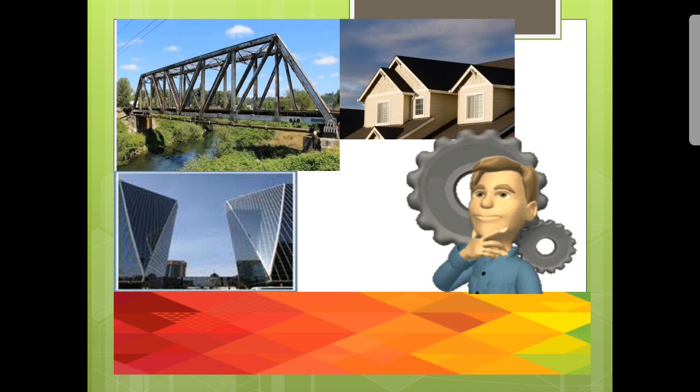So what can you say about the pictures? Have you ever wondered how bridges and buildings are designed? What factors are being considered in the construction of buildings and bridges? Why are bridges and buildings stable? Congruence of triangles has many applications in the real world.